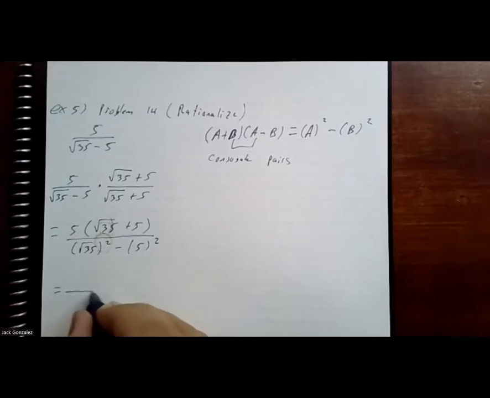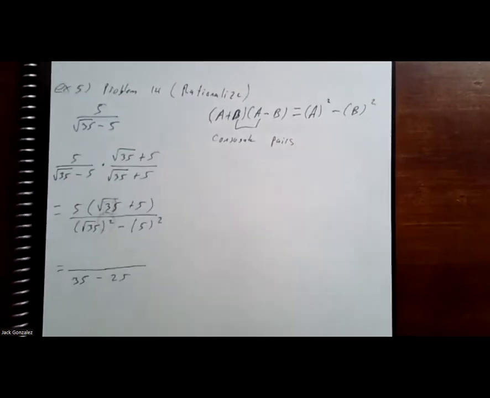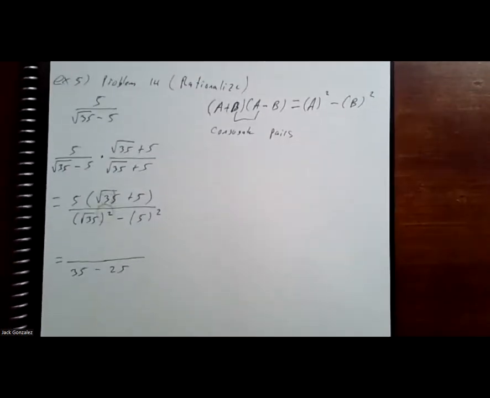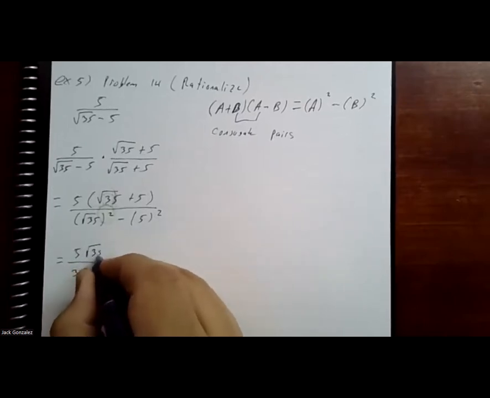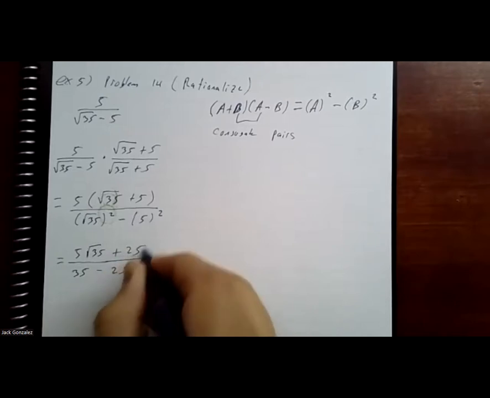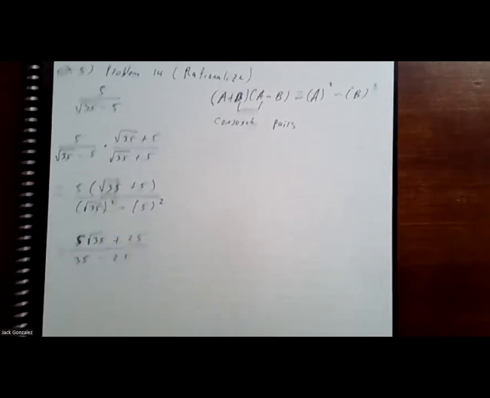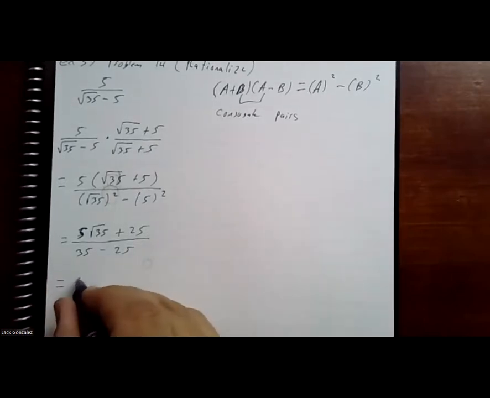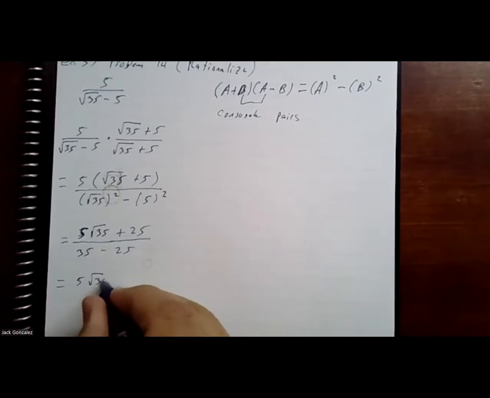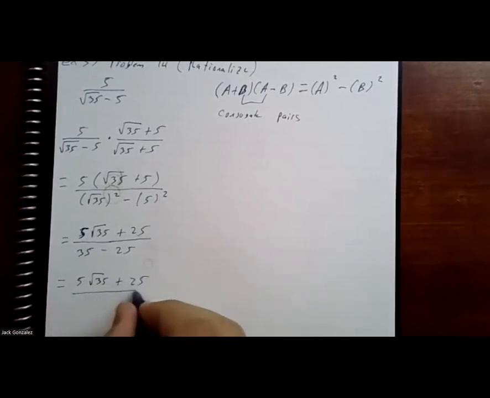So the bottom will become 35 minus 25. No more square roots. The top will just have to distribute the 5. It's the ugliest 5 ever. Okay, and that's pretty much it. The bottom will simplify into a 10.